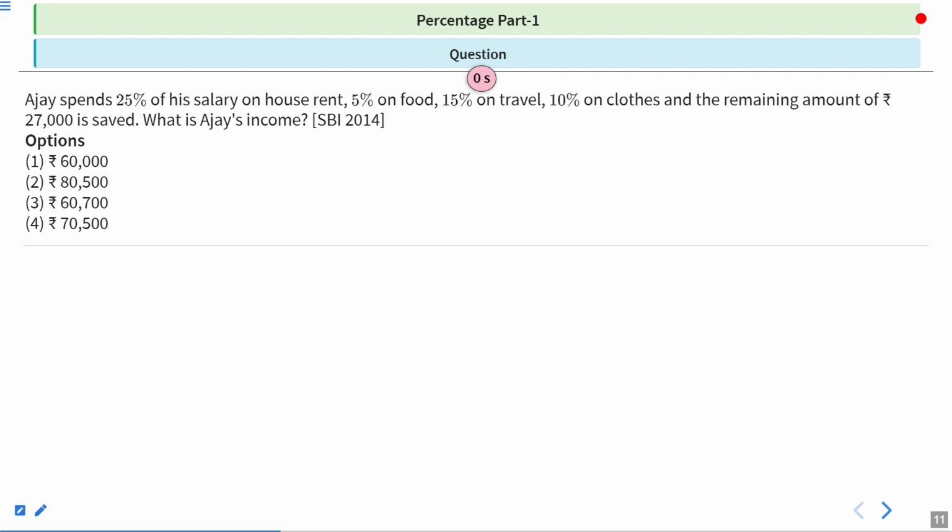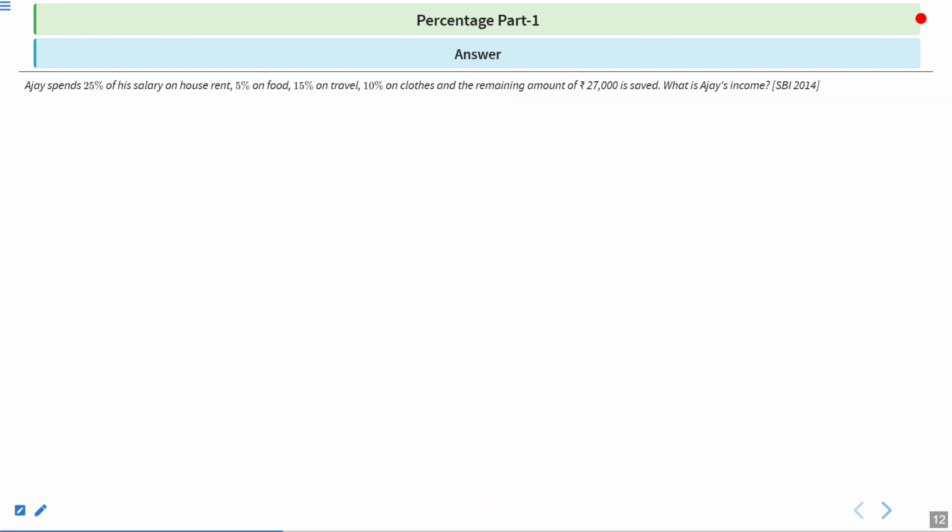Now time's up. Let's see the solution of this question. The question says that Ajay spent 25% of his salary on house rent, 5% on food, 15% on travel, and 10% on clothes. So total will become 25 plus 5, 30. 30 plus 15 becomes 45, plus 10 becomes 55.